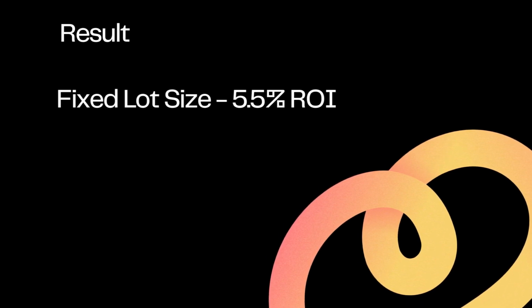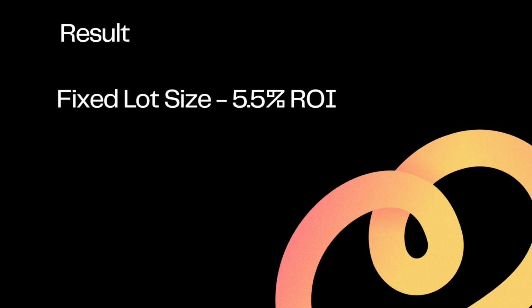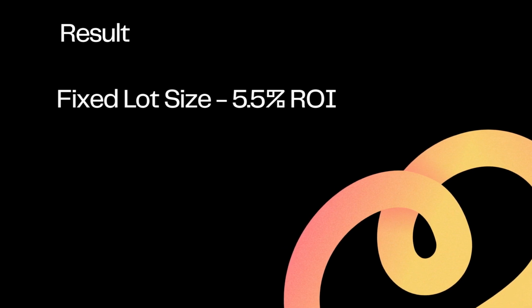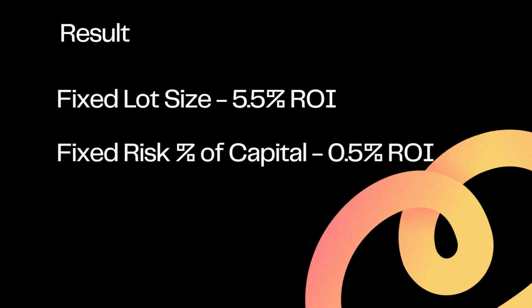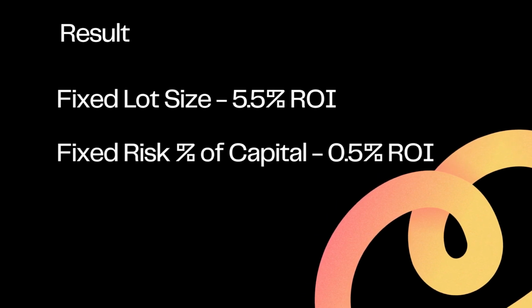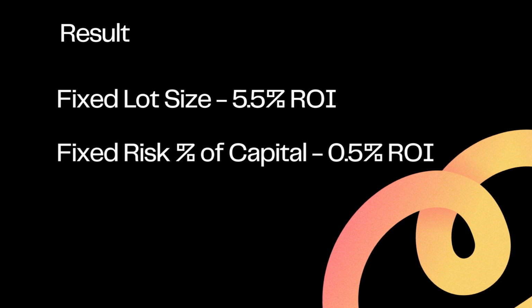So the final result is, with a fixed lot size, we were able to achieve a 5.5% return on investment, whereas with the fixed risk percentage of the capital, we receive only 0.5% return on investment.